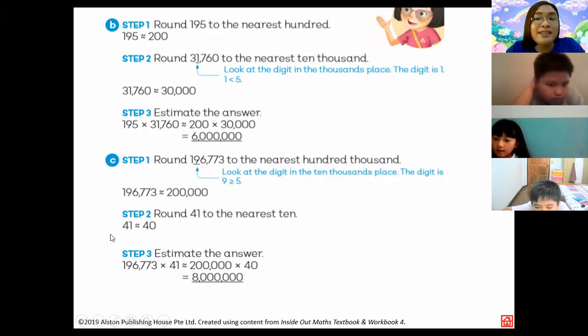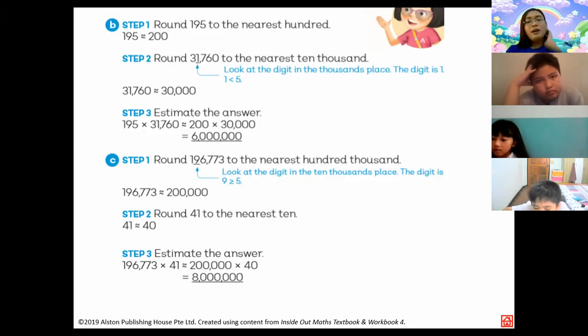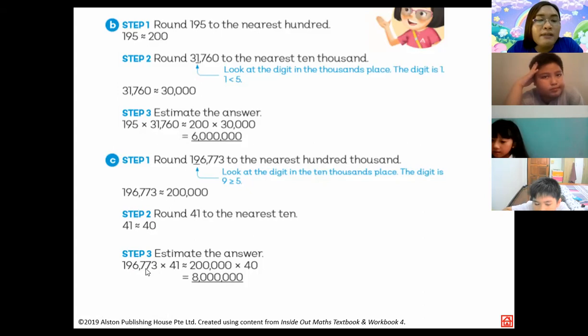So the nearest 10 of 41 is 40. So we already rounded the 2 numbers. So we just write 200,000 times 40. All we have to do is multiply 2 and 4.